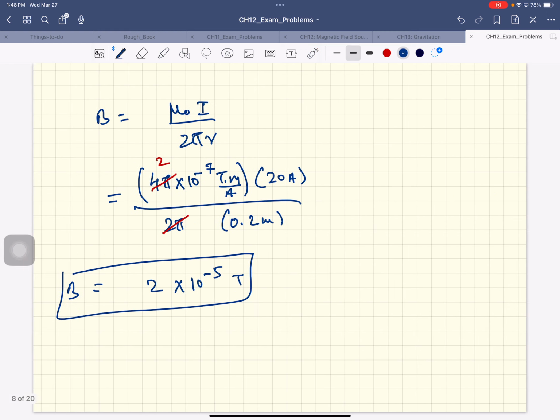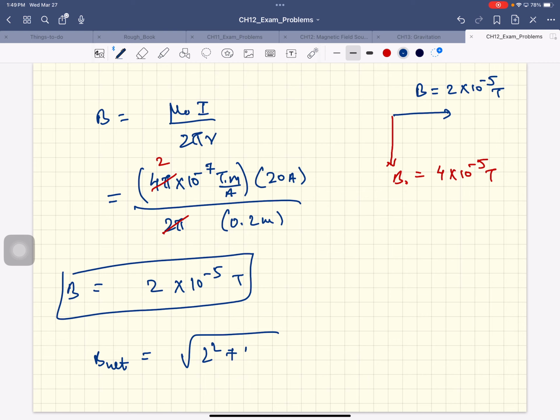So again, B is 2 times 10 to the minus 5 Tesla, and B naught was 4 times 10 to the minus 5 Tesla. So the magnitude of the net field is the square root of 2 squared plus 4 squared, times 10 to the minus 5 Tesla.